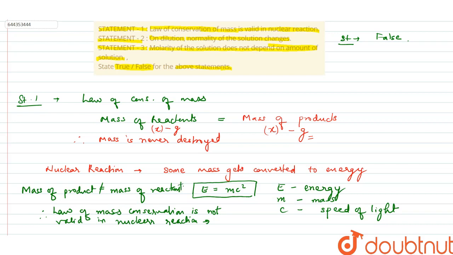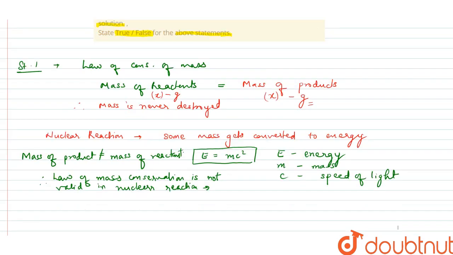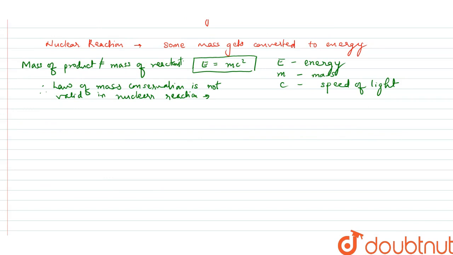Now let us talk about the second statement. It says on dilution normality of solution changes. This talks about dilution of solution, and we have to tell what happens to normality. First of all, we have to understand what normality is.